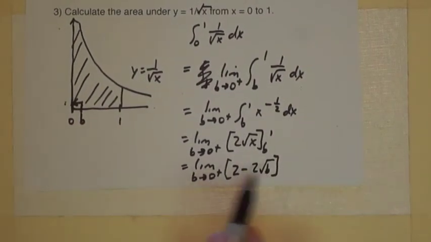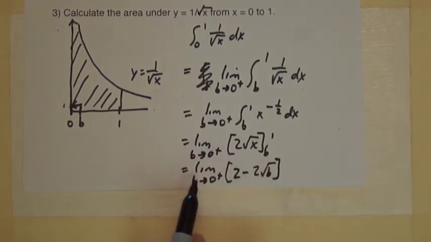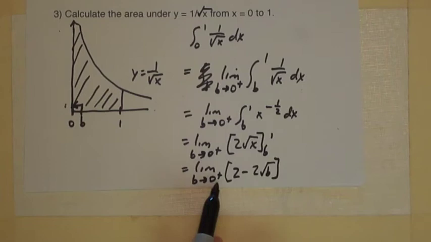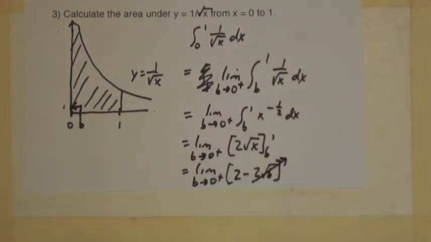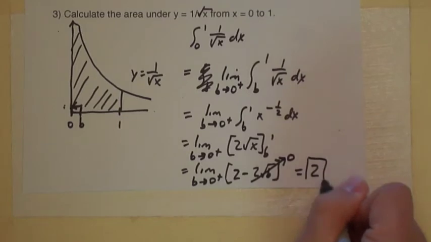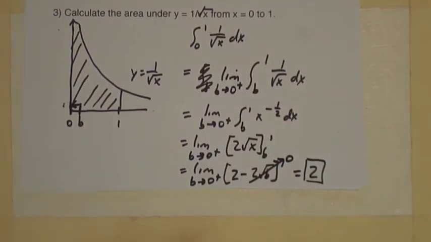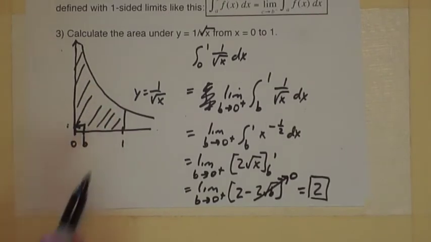Now that we have an expression with just b in it, and we're done with the integral part, we now take the limit and push b towards 0. In that case, 2 radical b, when b is 0, becomes 0. So we just get 2 minus 0, and the answer is 2. So again here we have a finite area here.